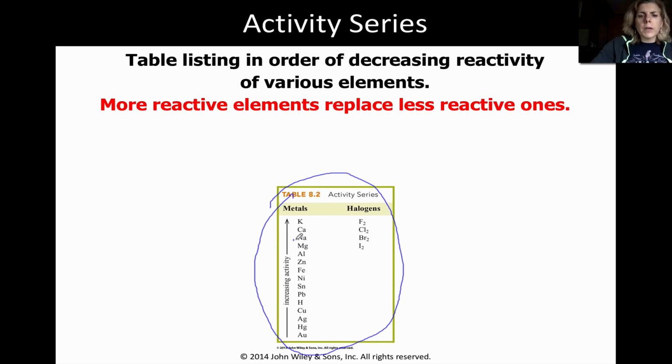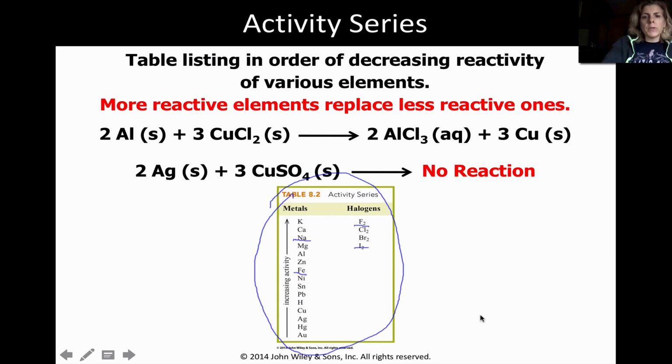If we look at sodium and iron, iron will never replace sodium, but sodium can replace iron. So always the metal on top is replacing something below it. The same thing with halogens, okay? Iodine will never replace fluorine, but fluorine can replace iodine. Here are some examples.